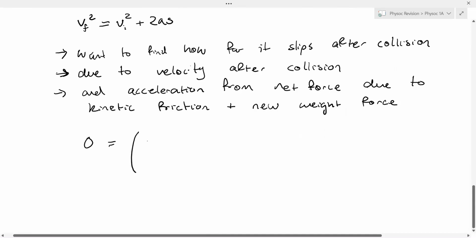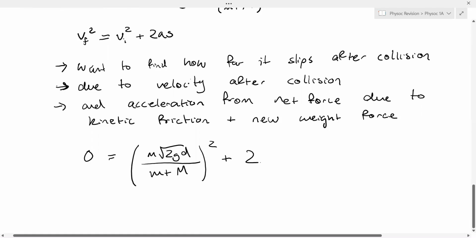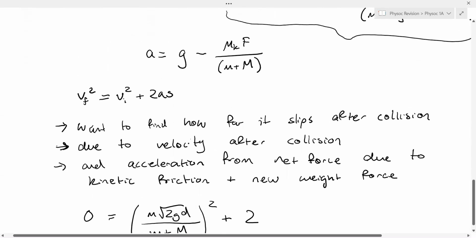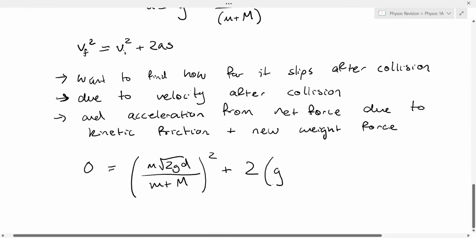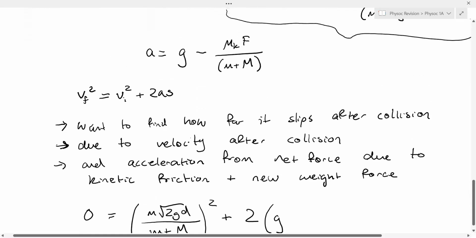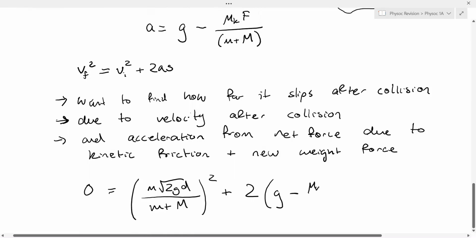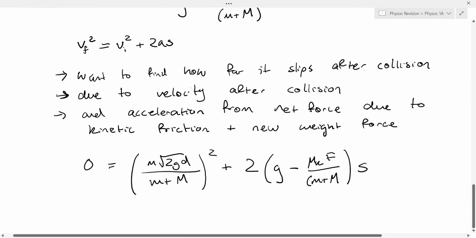This was equal to m2gd over m plus M all squared, plus 2 times our acceleration term, g minus mu kf over m plus M, and timesing it by s, and we want to solve for s.